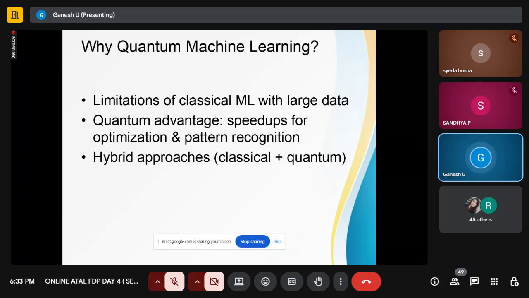Limitations of classical ML with large data is the one problem. Classical machine learning models face significant limitations when dealing with large data sets due to computational, algorithmic, and data-related constraints. When we are dealing with ML, we have large data.